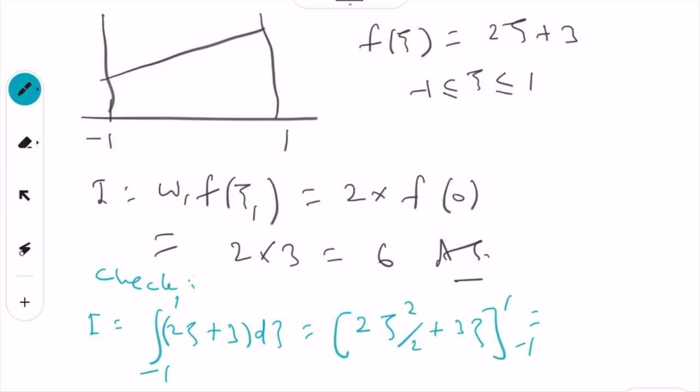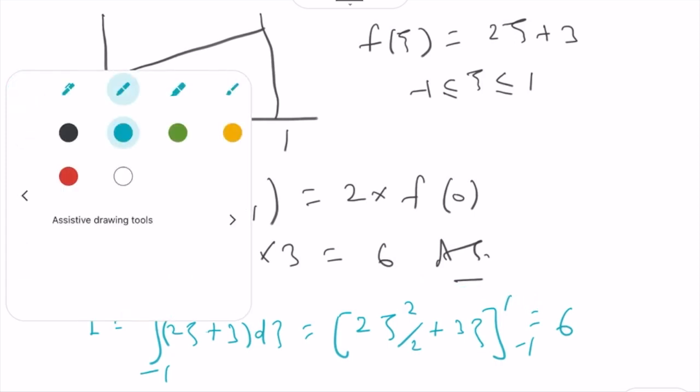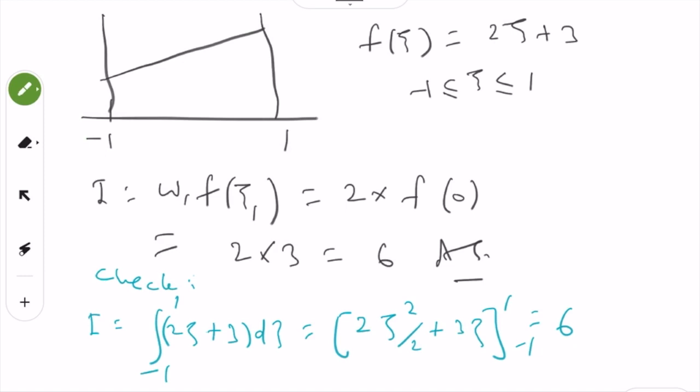What you see here is this is xi square, hence this value will be 0, and what you have is xi here, so 1 minus minus 1 is 2, so 3 times 2 is 6, so it will be 6, right. So they are matching.